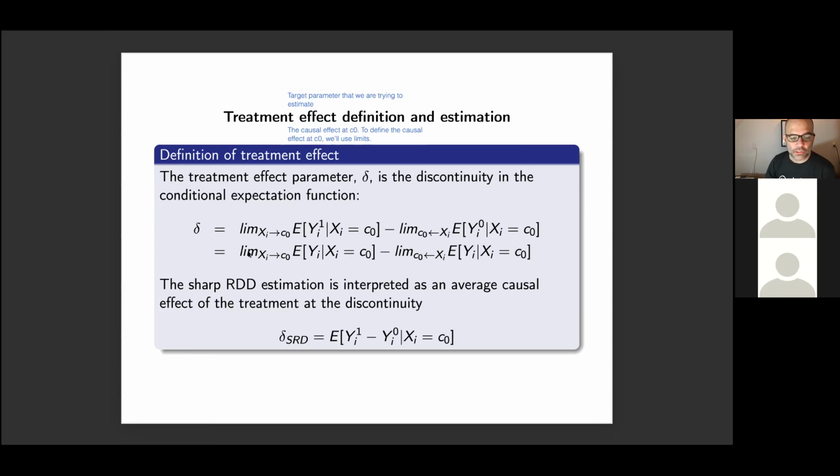All right, so let's look at the limits. What we've got here is as X approaches C0 from one direction, and as X approaches C0 from another direction.